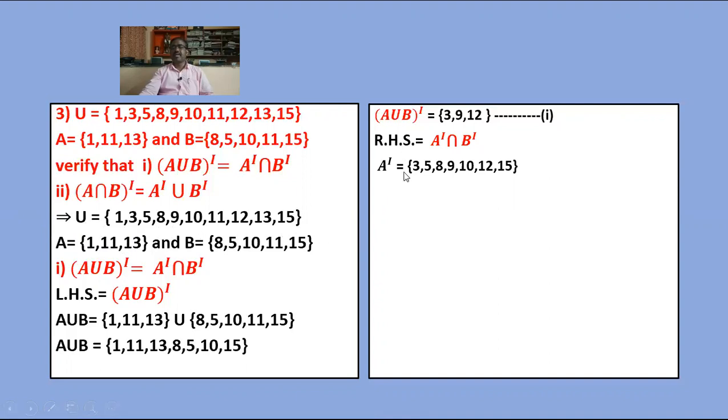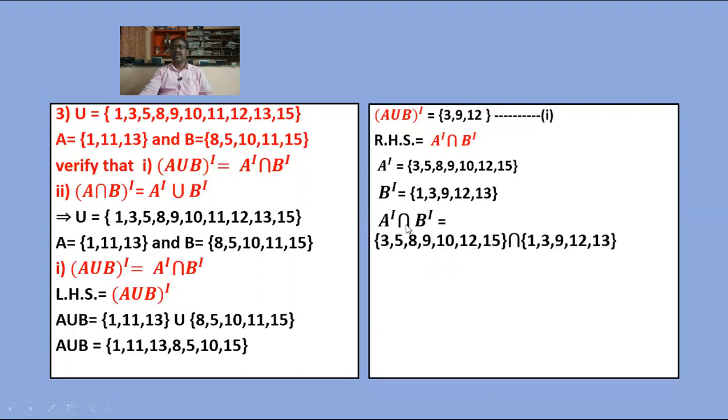A complement is equal to, excluding 1, 11, 13, the remaining elements of U: 3, 5, 8, 9, 10, 12, 15. This is the A complement. B complement: all elements in U but not in set B. B मध्ये नसलेले परंतु संच U मध्ये असलेल्या घटकांचा संच. B complement is equal to 1, 3, 9, 12, 13.